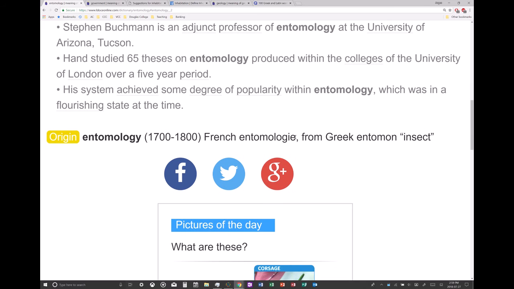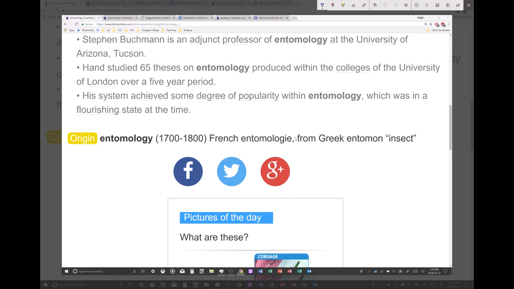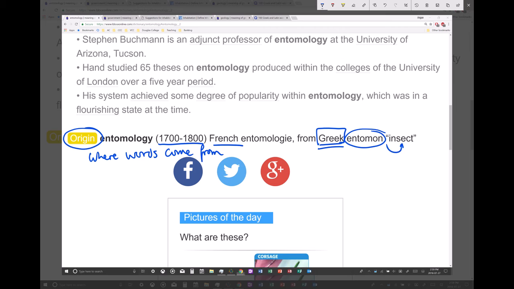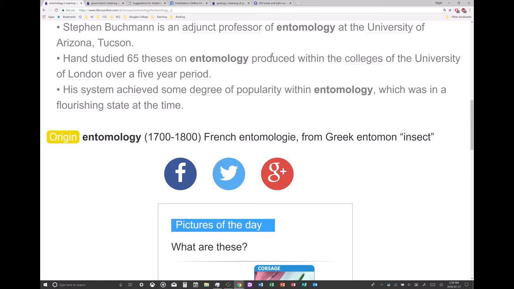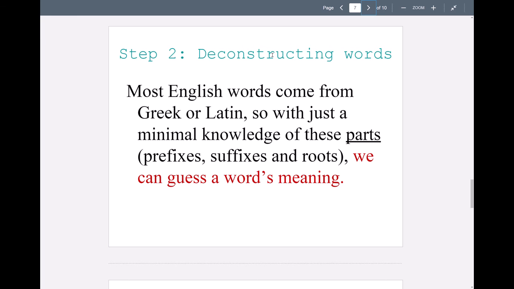So in the Longman Dictionary, or in most dictionaries, you can find the origins of words, where words come from. So you can even find out the year, what language it's from, and the root word here it's Greek, entomon, which is an insect. So each word, you can also look for the origin of it to see the roots and the parts of words. That will help you understand the meaning of it. But if you know the parts already, you can start guessing the word.